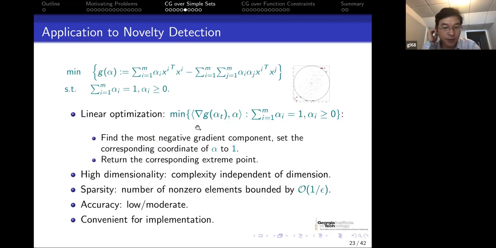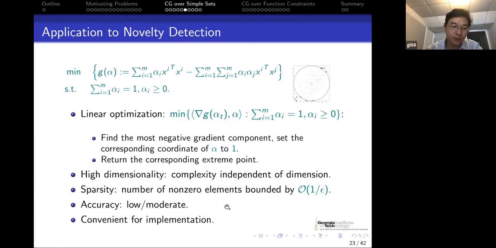But this step is also easy. Basically, we just need to choose the most negative gradient component and then return the corresponding extreme point. As we said, even though the problem is high dimensional, the complexity guarantee is almost independent of dimension. And also, as we said, the number of non-zero elements will be bounded by 1 over epsilon.